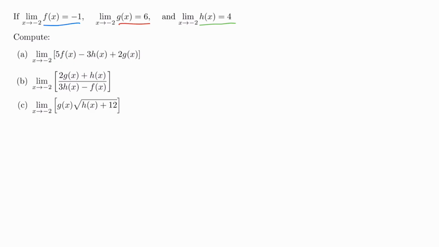The next question, we've got f of x is equal to negative 1, g of x is equal to 6, and h of x is equal to 4 for our limits as x approaches negative 2. So for A, we've got 5 times f of x minus 3 times h of x plus 2 times g of x. So here we will get negative 5 minus 12 plus 12, so this is just equal to negative 5.